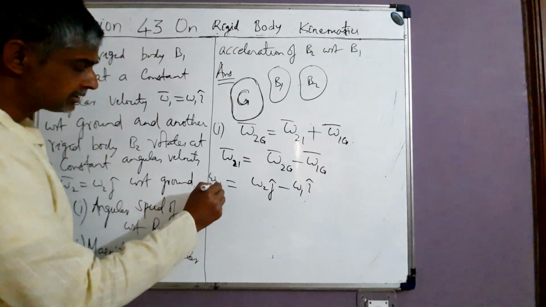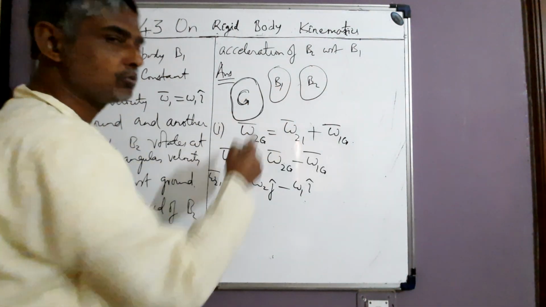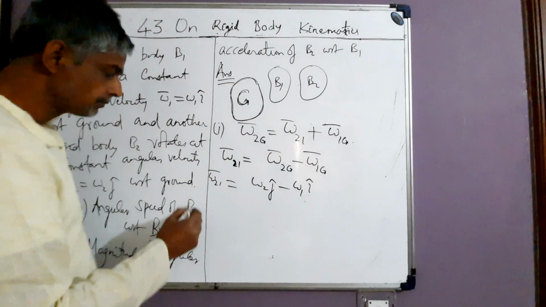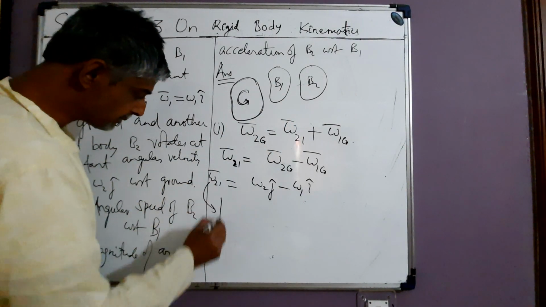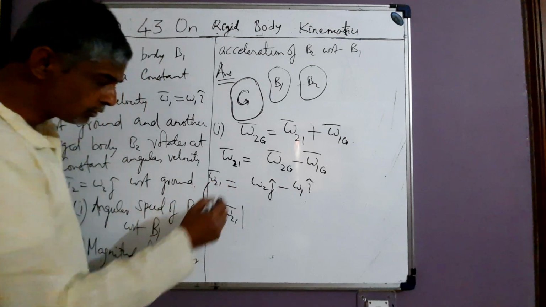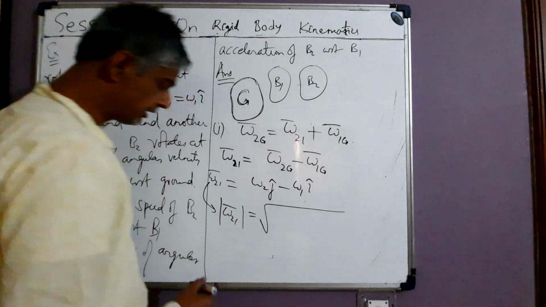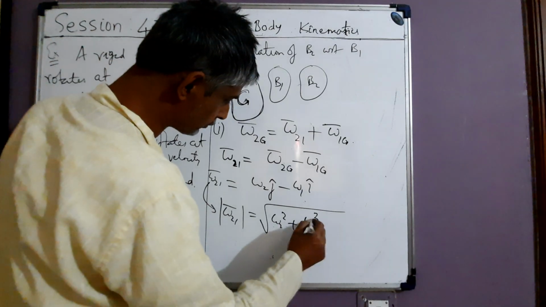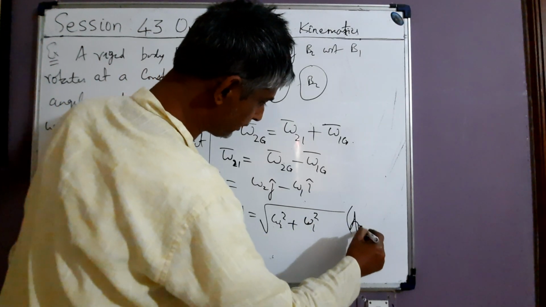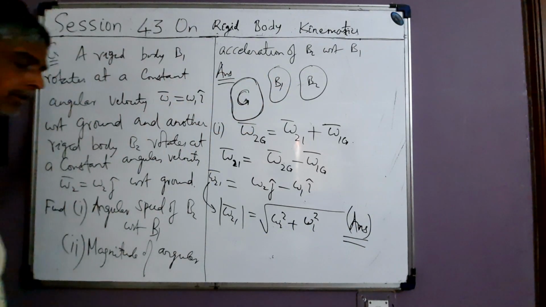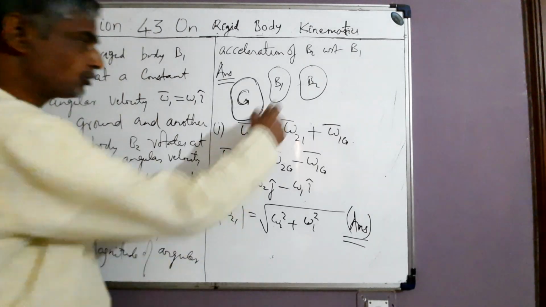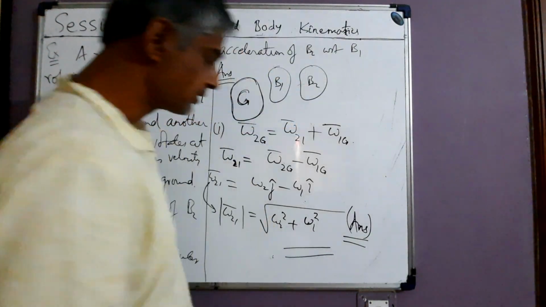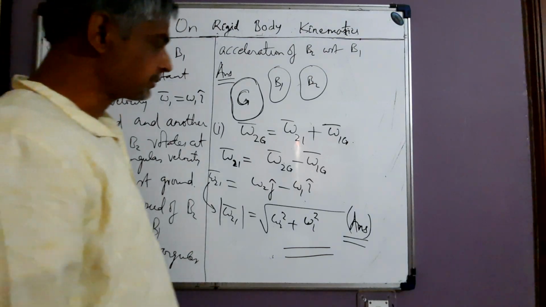The relative angular speed of B2 with respect to B1 is just the magnitude of this vector, which is root under omega 2 square plus omega 1 square. This is the answer to the first part of the question.